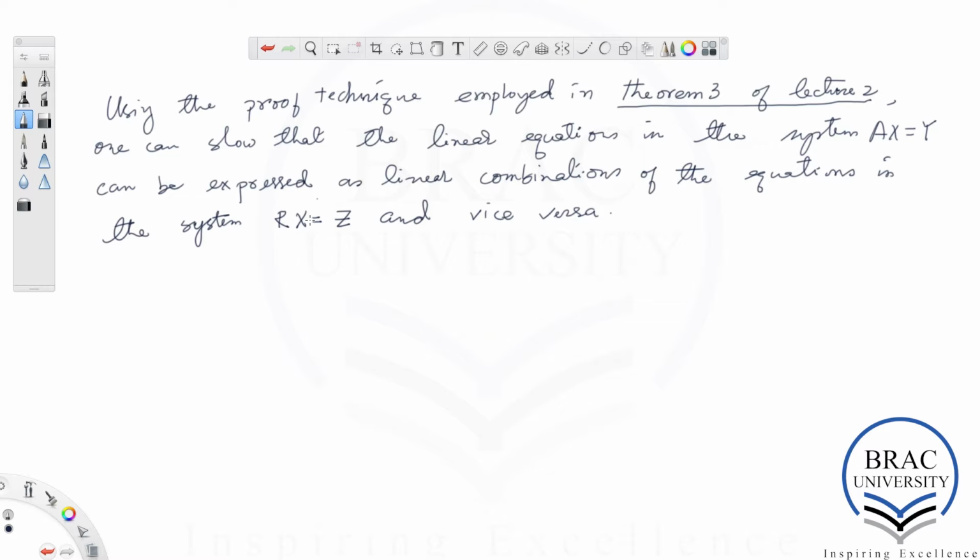Meaning that every equation in this system can also be written as a linear combination of the linear equations in this system.